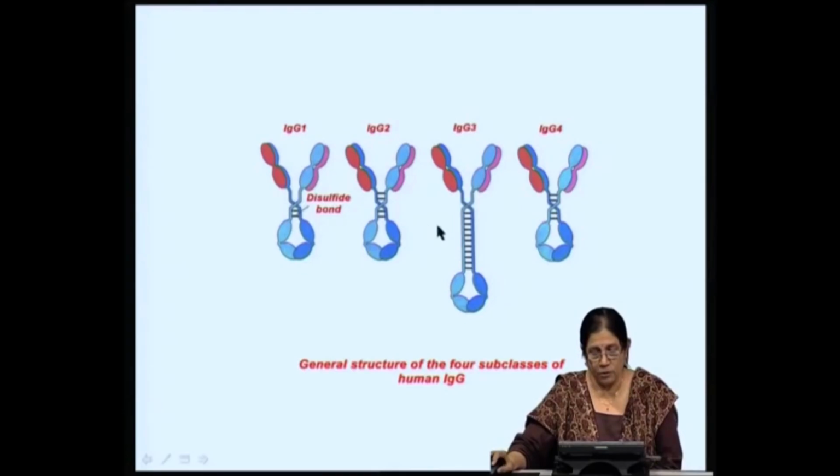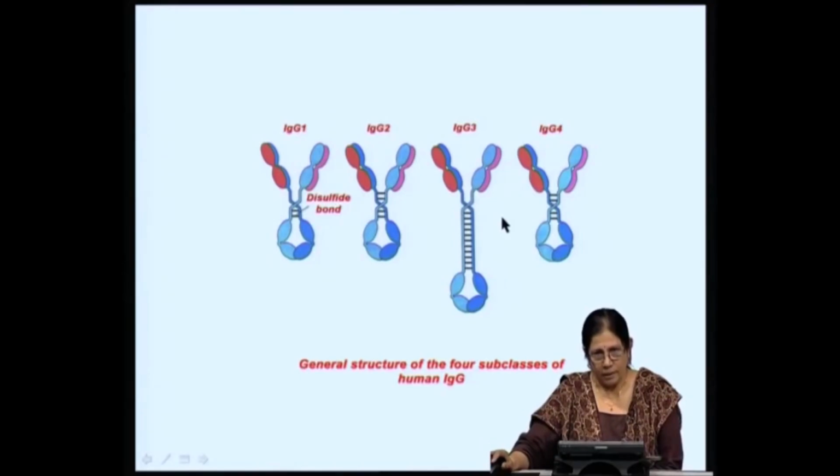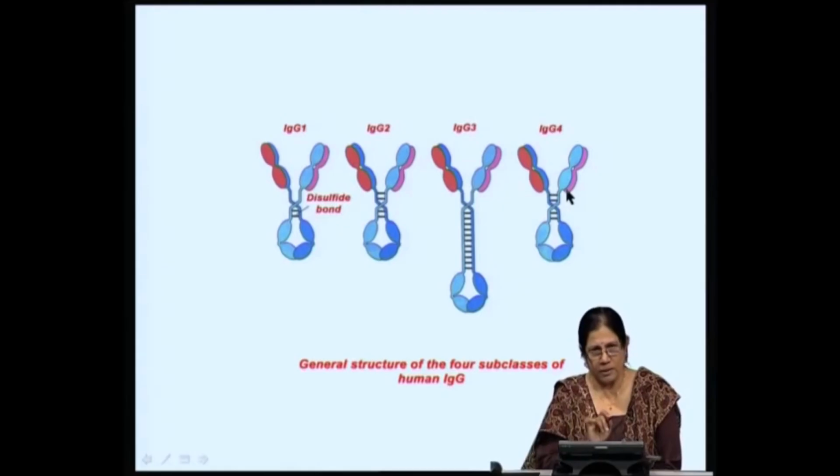Yes, now let me come to the subclasses of IgG. I have already discussed this with you earlier, that IgG is present in the serum as 4 distinct subclasses: IgG 1, 2, 3 and 4 in human, IgG 1, 2A, 2B, 3 in mouse, and these are also present on memory cells as the antigen receptor.